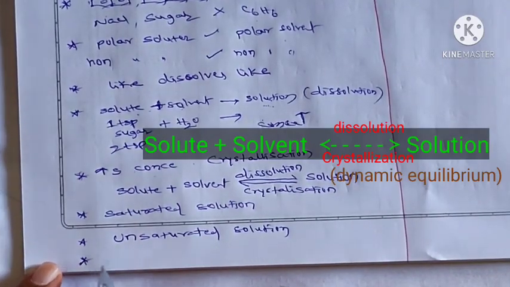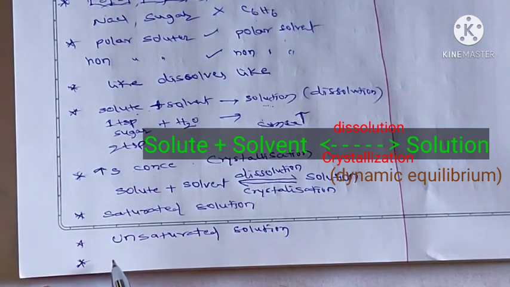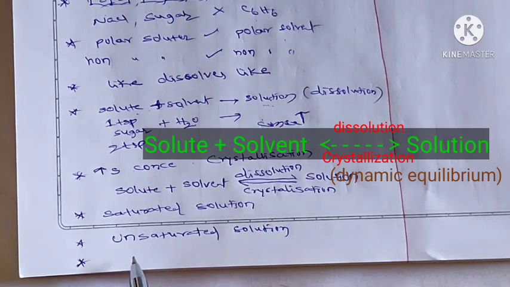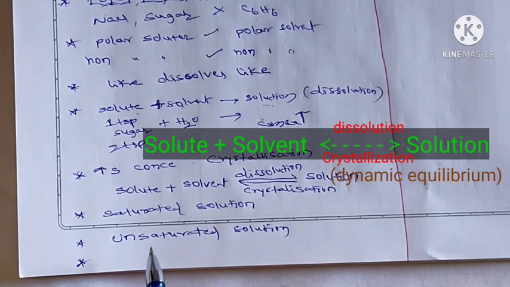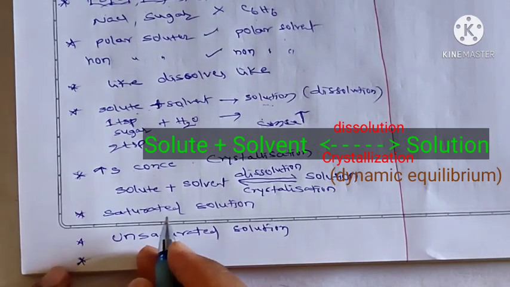And a stage when two processes have the same rate is called dynamic equilibrium. If dissolution and crystallization have the same rate, that is called dynamic equilibrium.